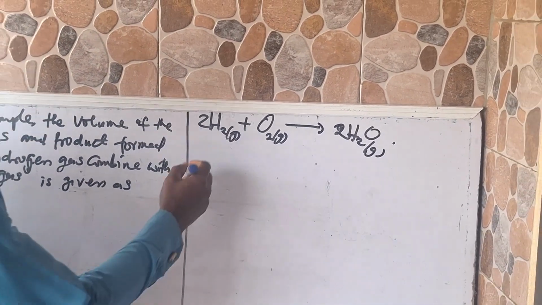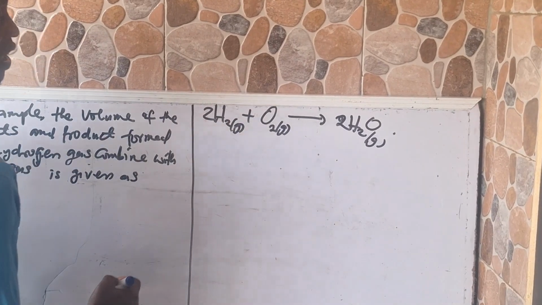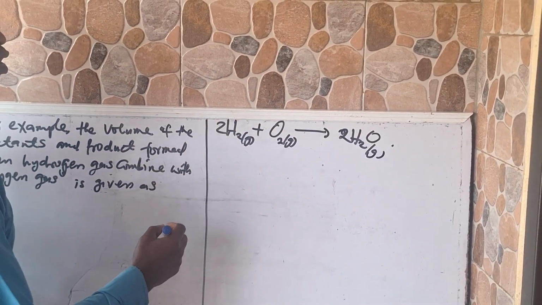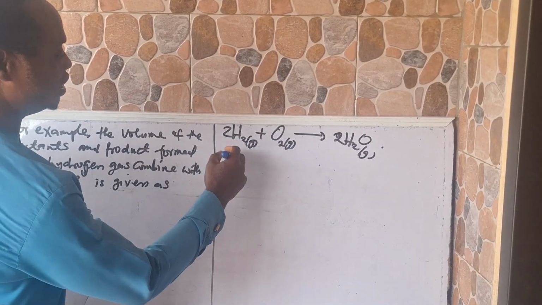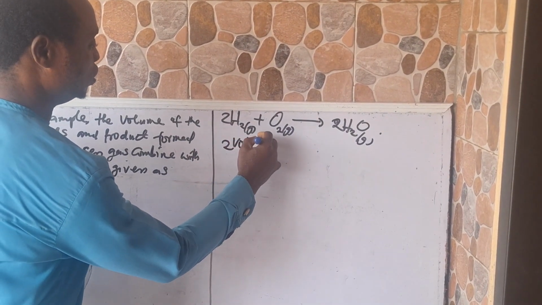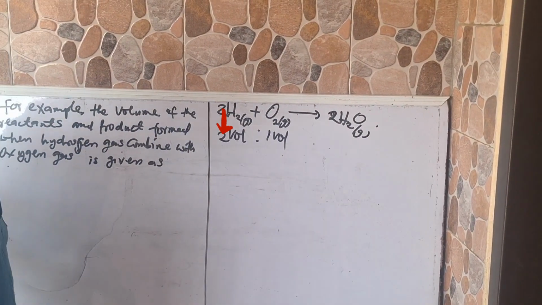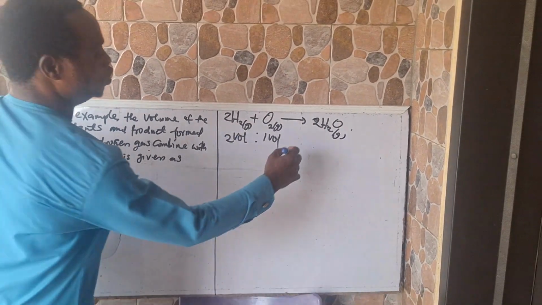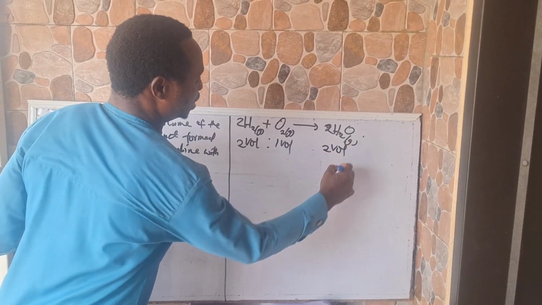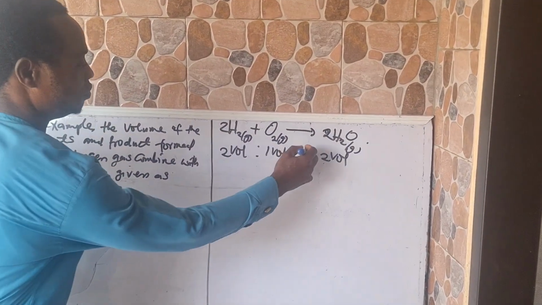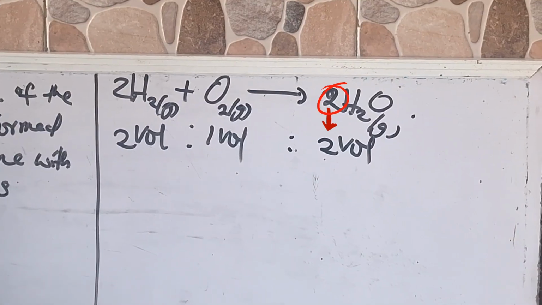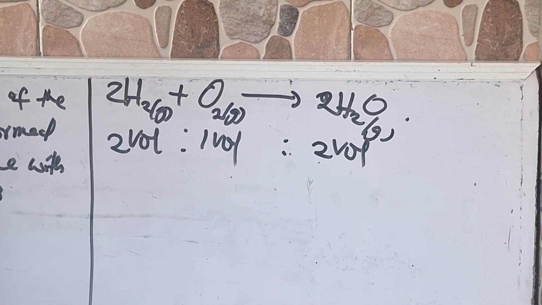Then from the law, the volume of hydrogen gas that reacted with oxygen gas is 2:1. The volume of the product formed, that is the water, is 2, as you can see from the balanced equation. You must make sure that the equations are well balanced before you start.